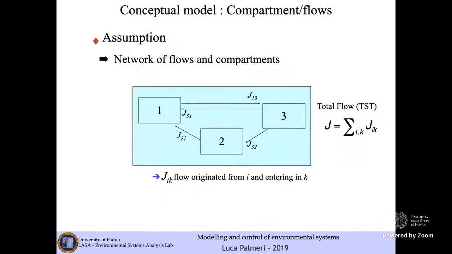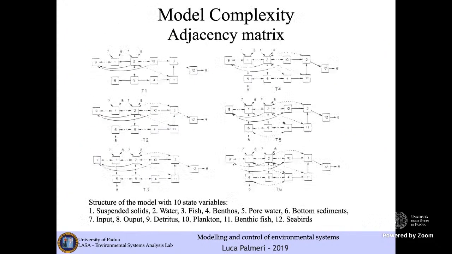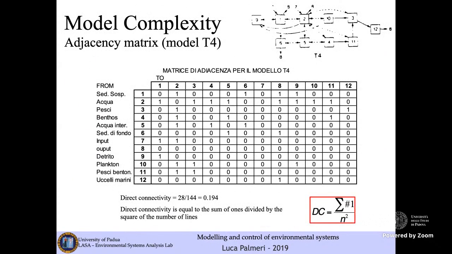You may recall that the total system throughput is a holistic indicator of the performance of the box and flow model. Again, here the direct connectivity indicator tells us how much the model is directly connected. Please note that we have decided to put arbitrarily 1 if there is any kind of connection and 0 if there is no connection at all.